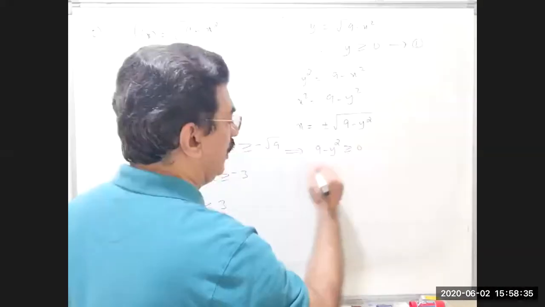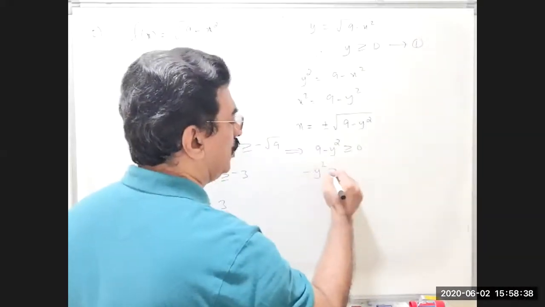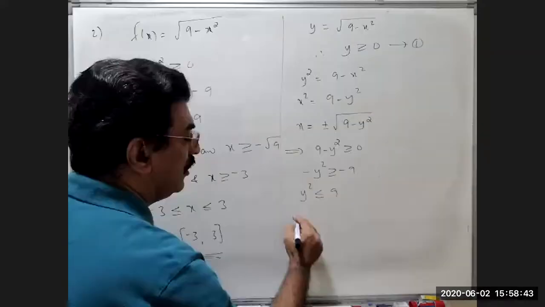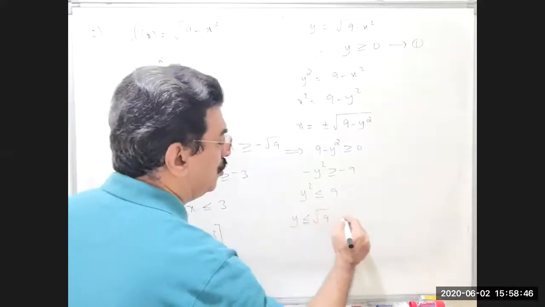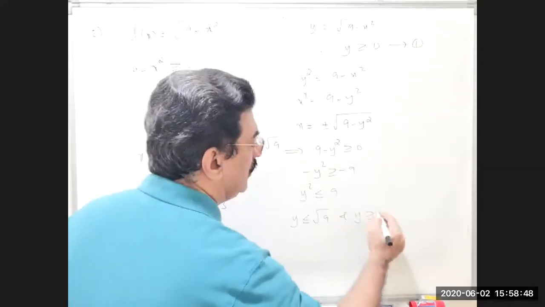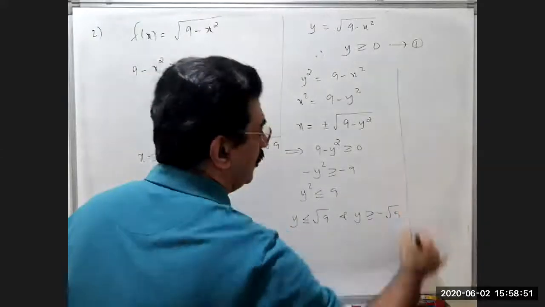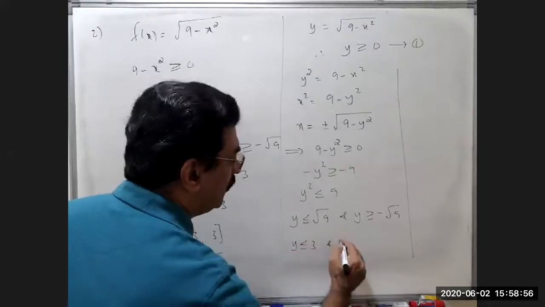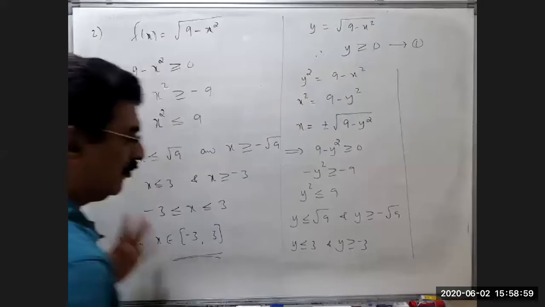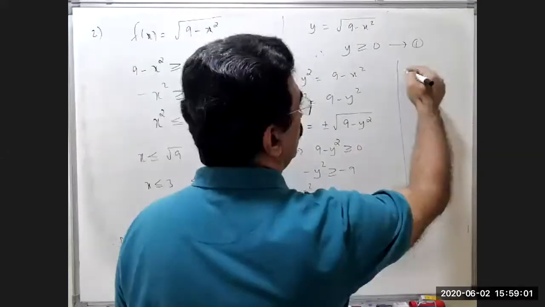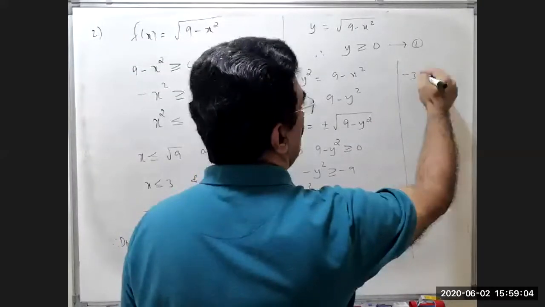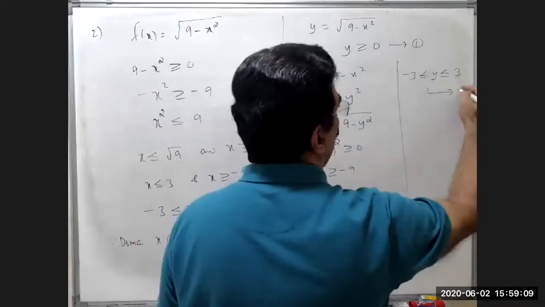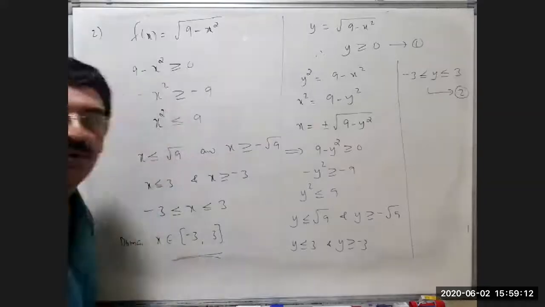This means y square is less than or equal to 9, y less than or equal to root 9, y greater than or equal to minus root 9. This is y less than or equal to 3, and y greater than or equal to minus 3. So this means minus 3 less than or equal to y less than or equal to 3. We got one more condition, 2.